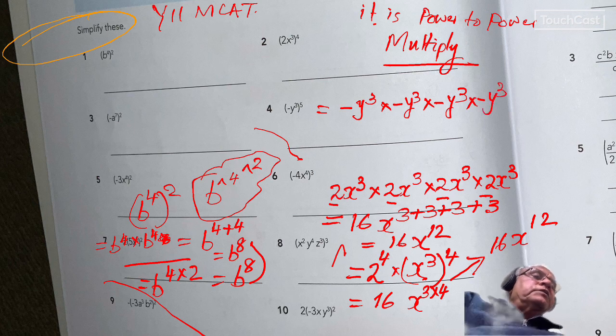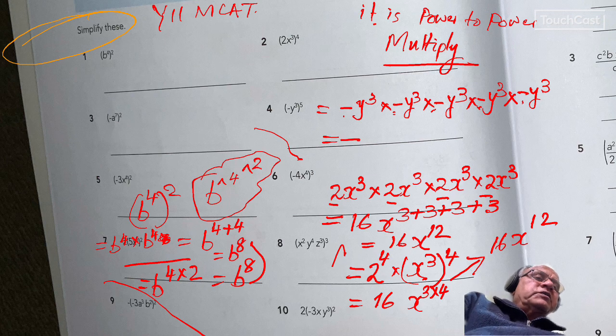This is what we need to do. A negative times a negative will give you positive. Positive times another negative will give you negative. Negative times negative will give you positive. Positive times another negative will give you a final answer that is negative.